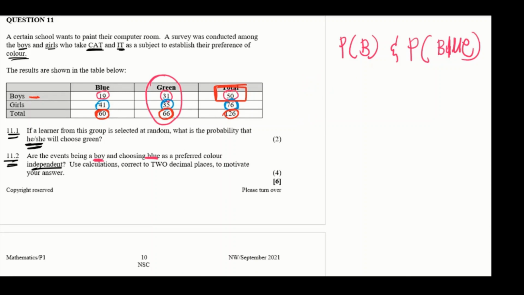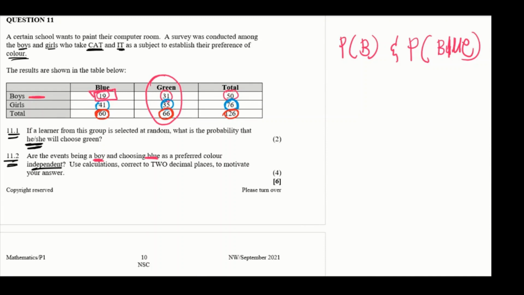Okay, so let's look at the probability of being a boy with the color blue, right? So this is the boy with color blue.